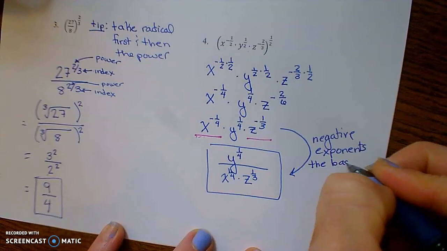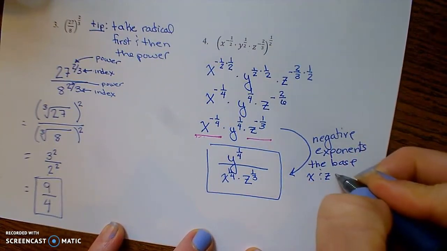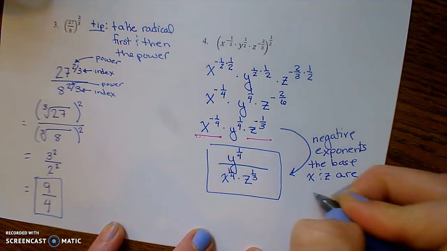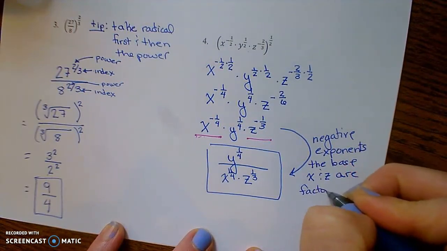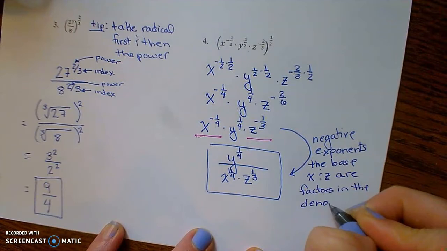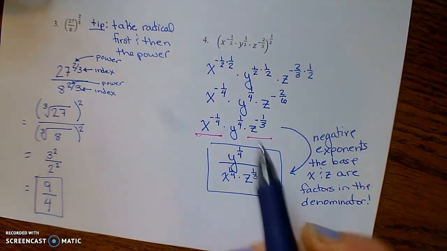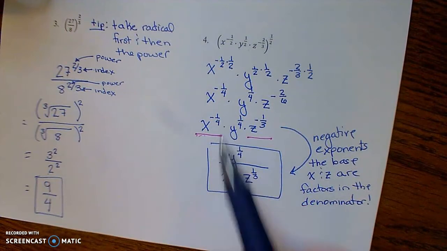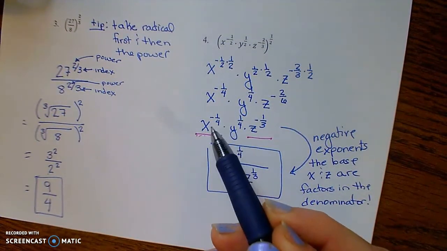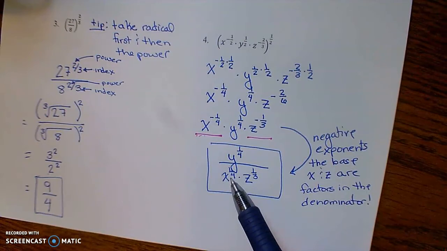The bases x and z are factors in the denominator. And then again, once you take the reciprocal and put those factors in the denominator, those exponents become positive. Okay?